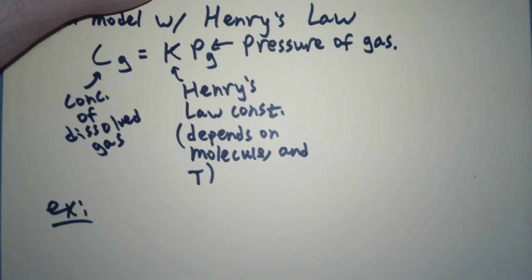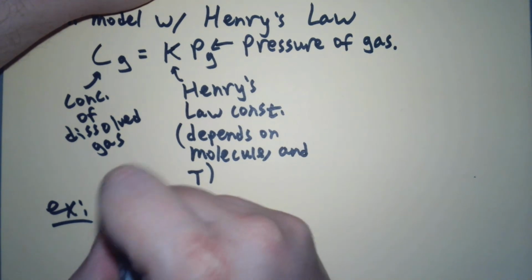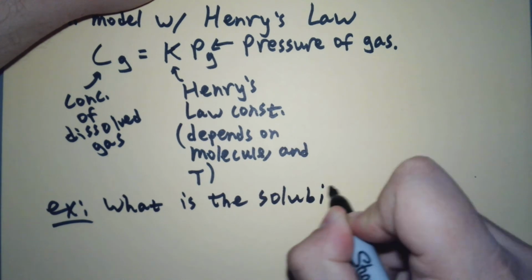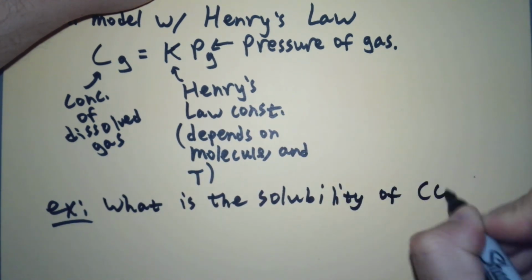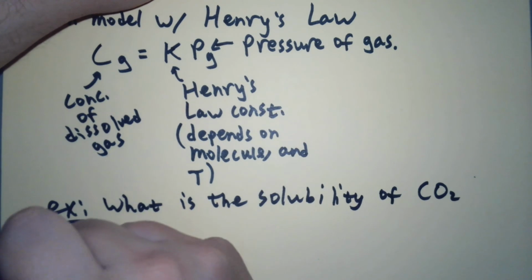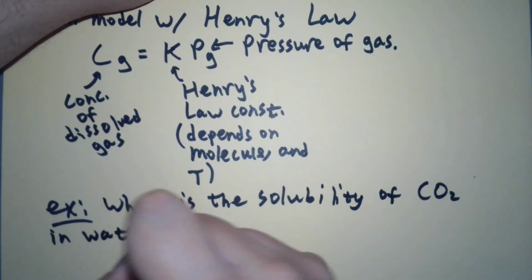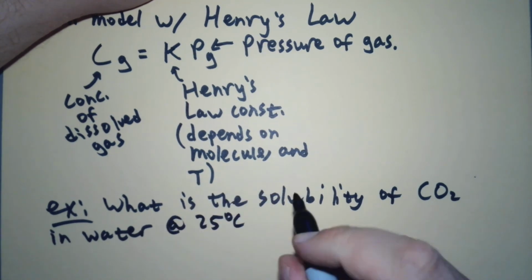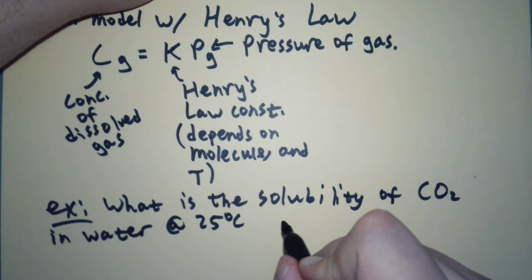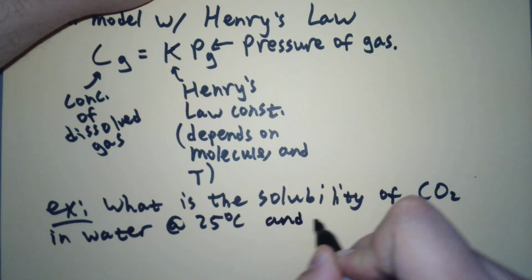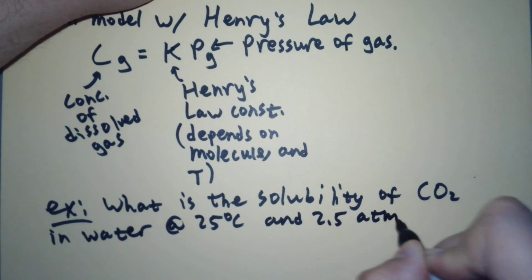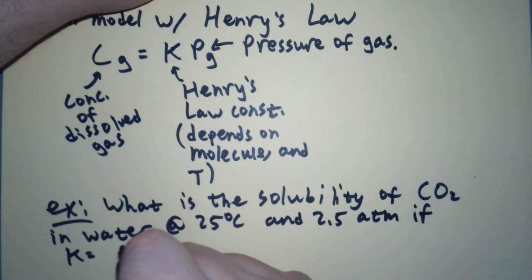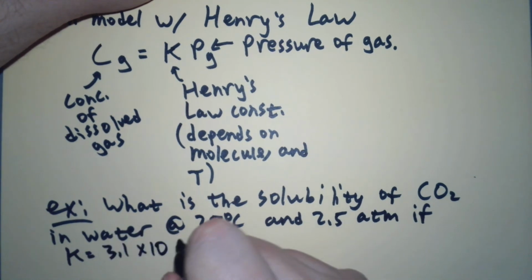So, for example, what is the solubility of CO2 in water at 25 degrees Celsius and 2.5 atmospheres, if K equals 3.1 times 10 to the minus 2?